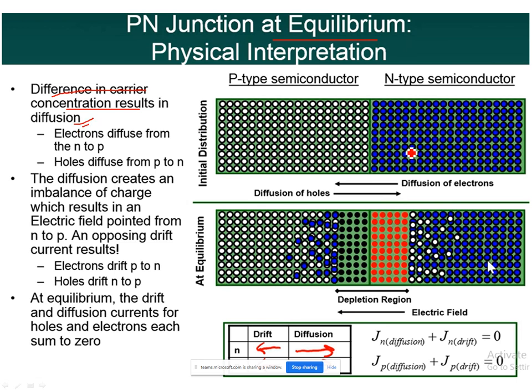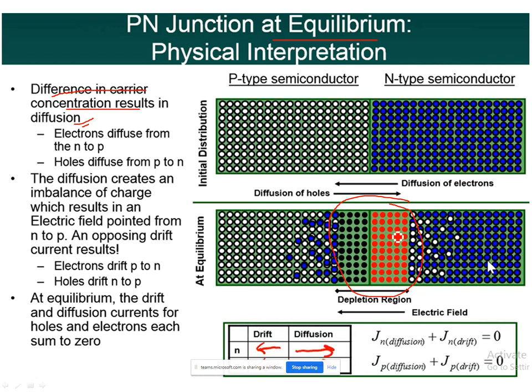So here the blue dots represent the electrons, the white dots represent the holes, and the red dots are positively charged arsenic ions, immobile ions. The black dots are negatively charged immobile boron ions, right? And this region is nothing but the depletion region.